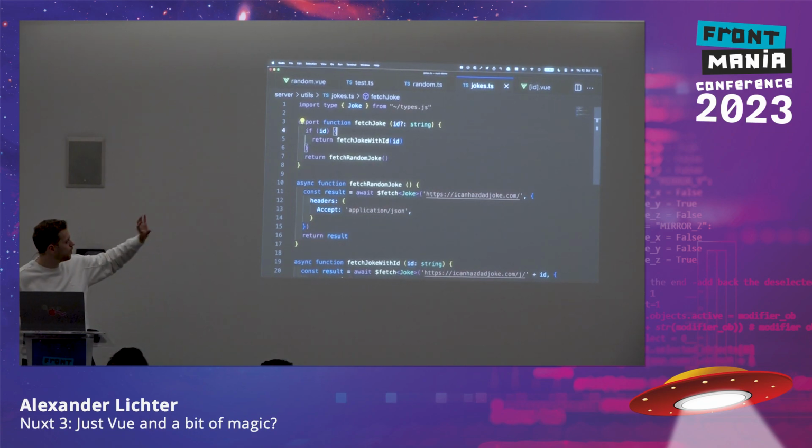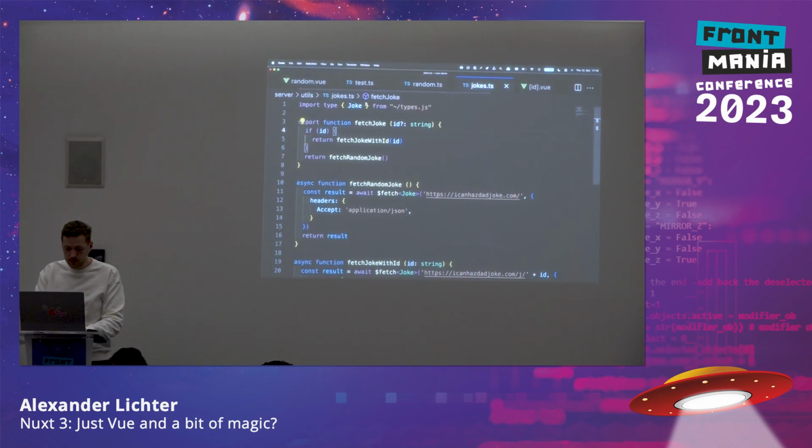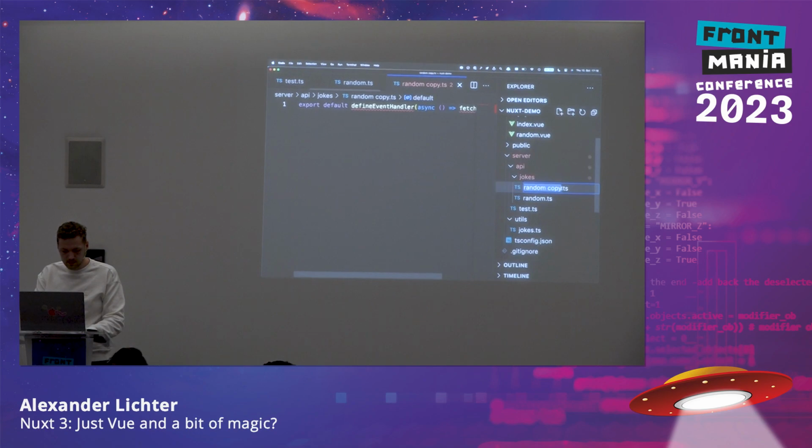Okay, so now we fetch these jokes, and this works. It's random, works fine. Similar to what we do in Nuxt, we can also do here, like we can give an ID here.